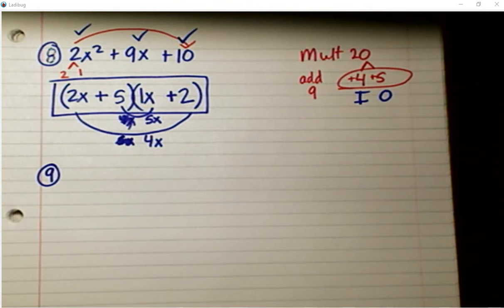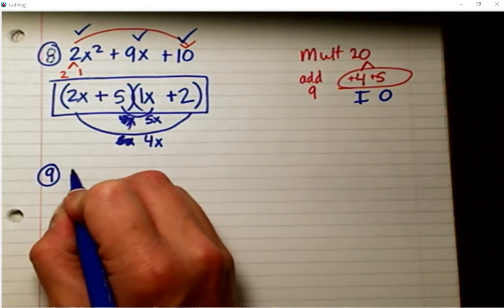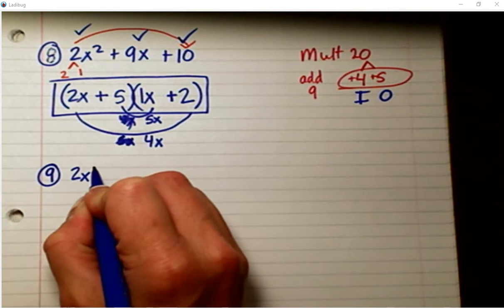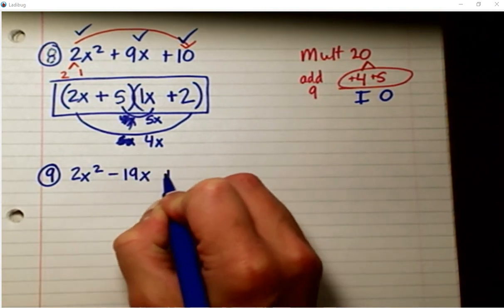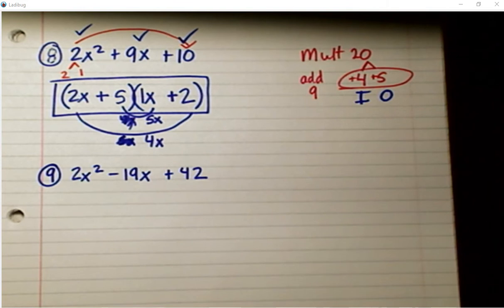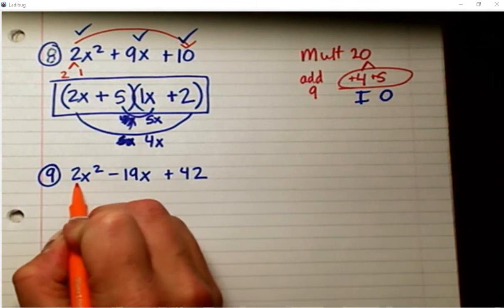Okay, so we left off with 2x squared minus 19x plus 42. So I'm going to look at my numbers.